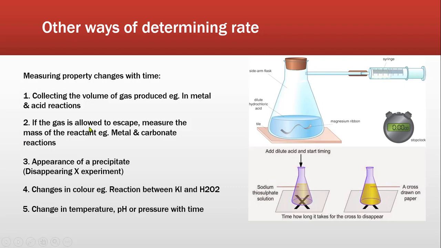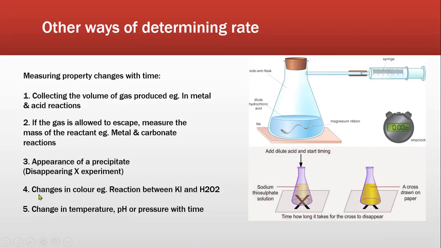If the gas is allowed to escape, measure the mass of the reactant. That is what I just showed you in the previous slide. You can also look at the appearance of a precipitate. For example, there's an experiment called the disappearing cross experiment, where you measure the time it takes for a cross to disappear.